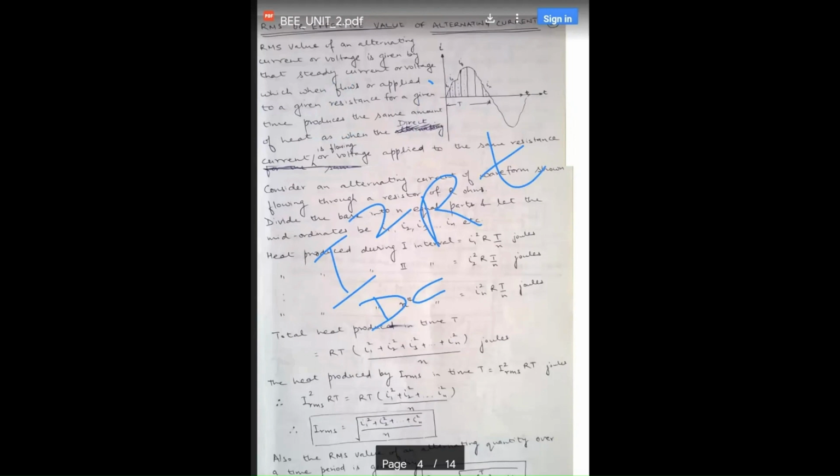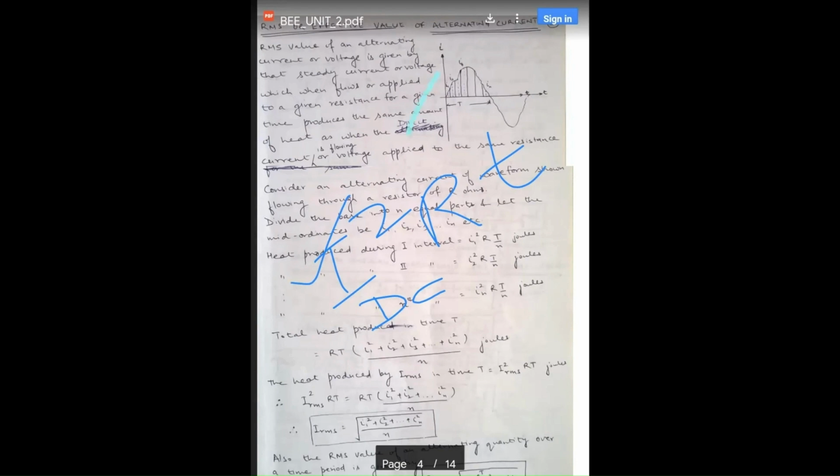When this amount of current is passed through a resistance for some time, say T, it will produce a particular heat. So if we replace this changing or instantaneous current by a fixed value, which will produce the same amount of heat as this DC current, then that current is called RMS current.